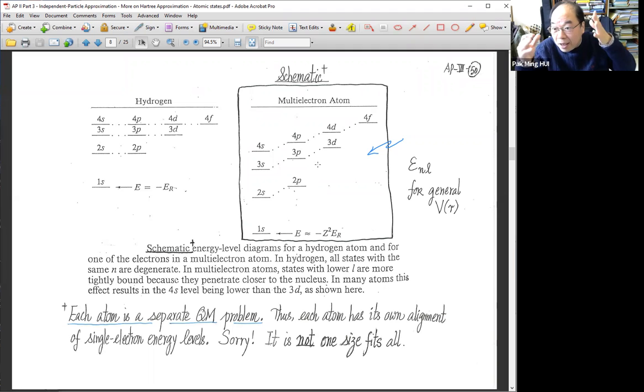Helium Hamiltonian, rather simple, 5 terms. Lithium Hamiltonian, many more terms. You have many more pairs of electron-electron repulsion, kinetic energy terms, and also the nuclear charge. The Hamiltonians are different. No reason why one picture can fit all. Be educated. Don't be too naive. So what you learn in general chemistry is just a very rough picture.